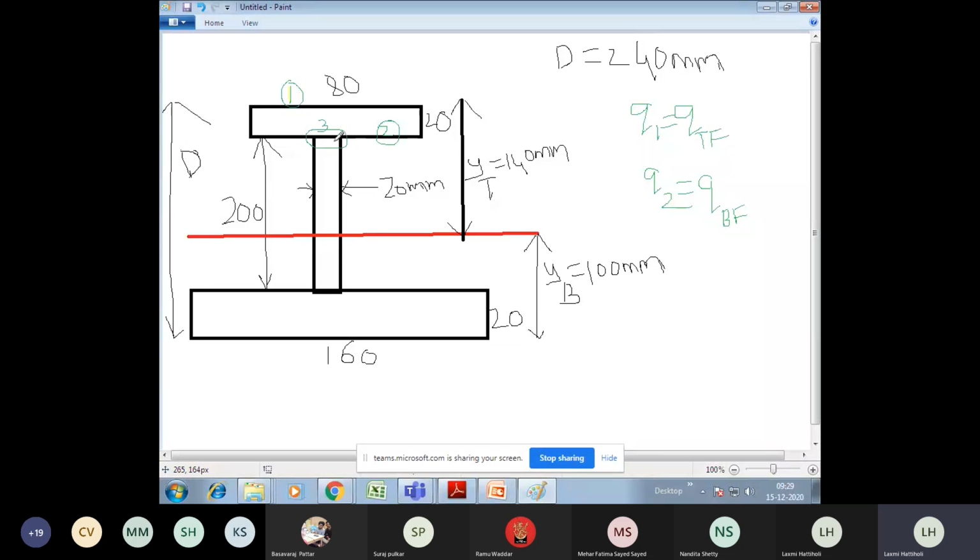The third point where you should calculate the shear stress is the junction where the top flange and the web meet. There you should calculate the shear stress.